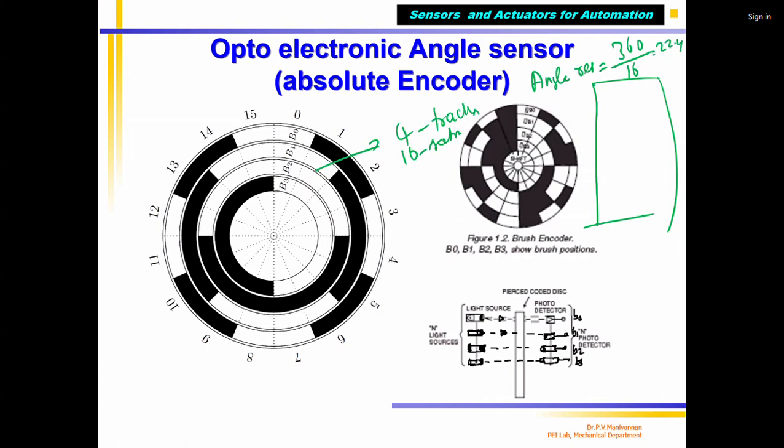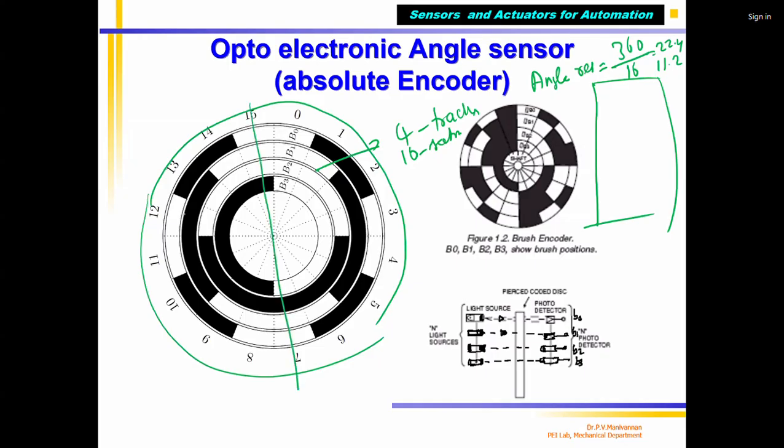If I want to measure a still smaller angle, for example 11.2, correct? So what I do is I add one more track and further divide into 32 segments, so 5 tracks, correct?